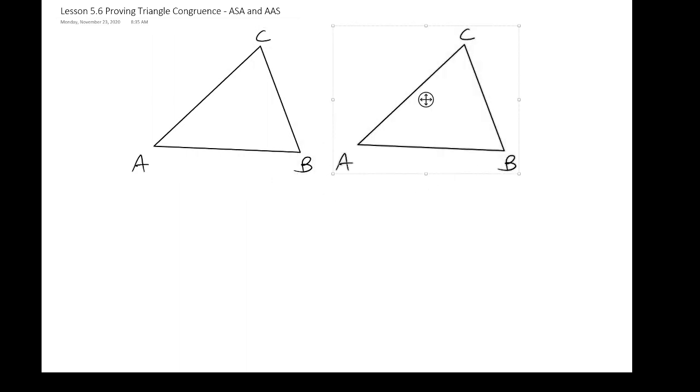Let's go ahead and show DEF, that if we have these corresponding parts, starting with the side, we always need at least a side, and we've talked about this before.